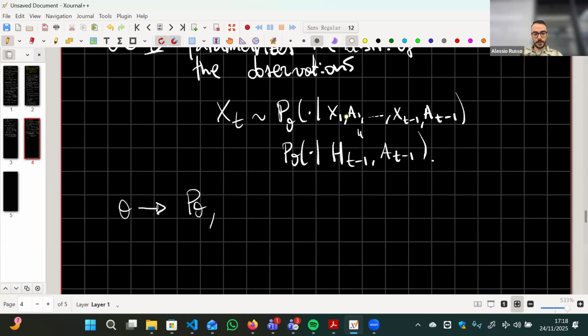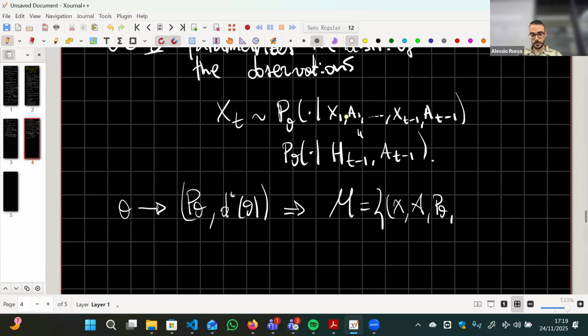It also induces the true hypothesis. So we can define the set of models as simply these tuples, for any theta that belongs to the set big Theta.